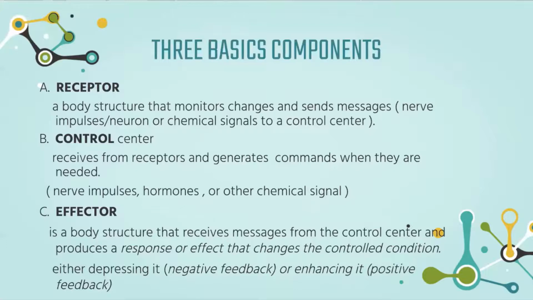The next one is the control center. It receives information from receptors and generates commands when they are needed. Basically, the control center receives information from the sensors and initiates the responses to maintain homeostasis.